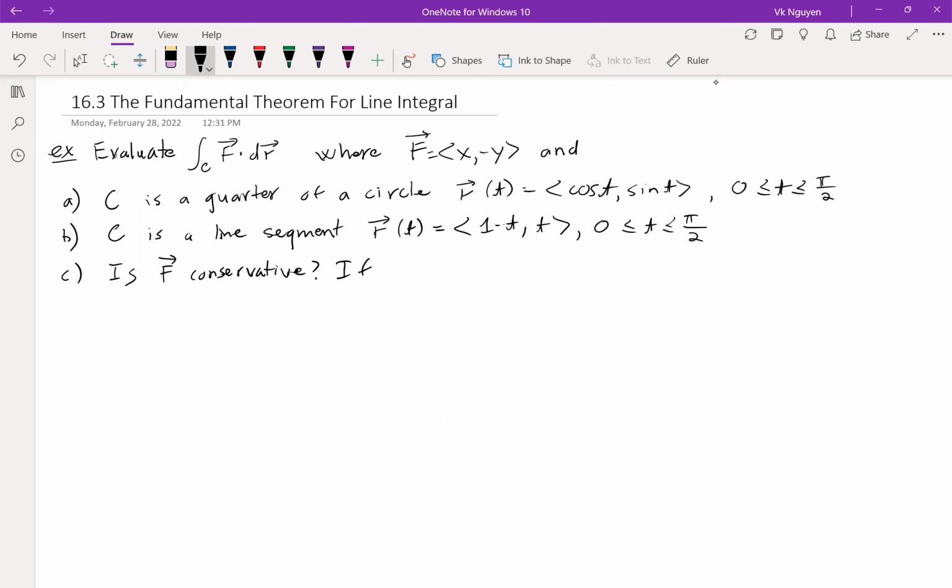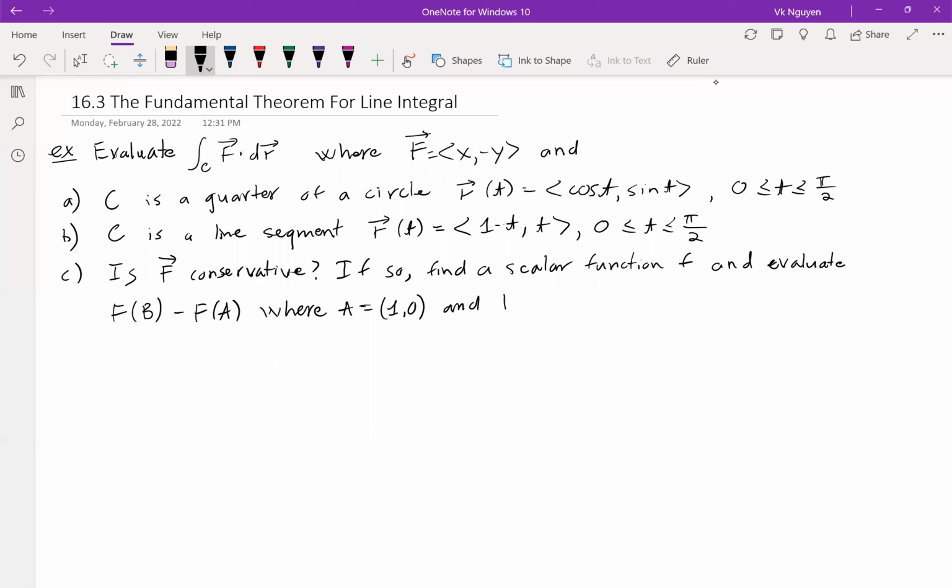If so, find a scalar function f, and evaluate f(B) minus f(A), where A is the point (1, 0) and B is the point (0, 1).